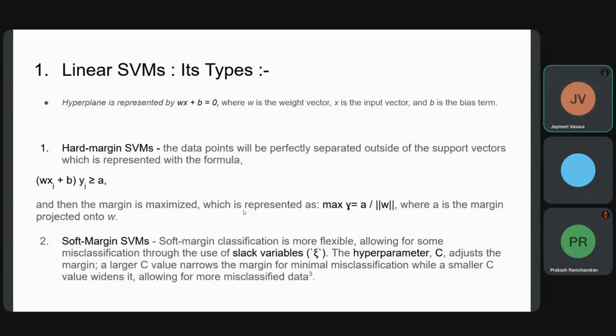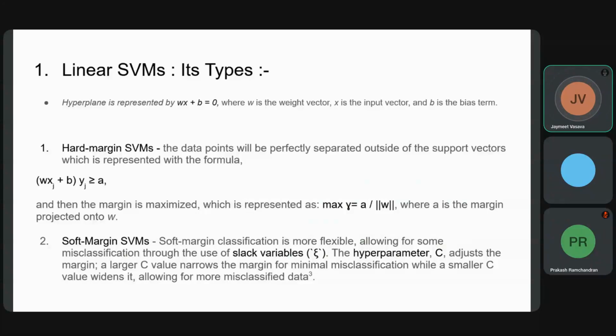So the margin is supposed to be maximized. We are trying to find the margins with the most distance, or the widest distance.